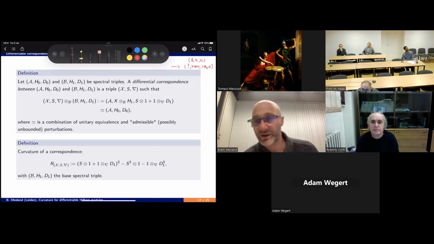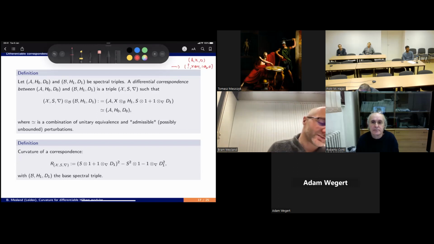I'm not going to comment on what algebra I want to put there. But we lift these operators and then compare them. And so this is a simple case of an unbounded Kasparov product, or a correspondence between two spectral triples. So that's what this definition is about.